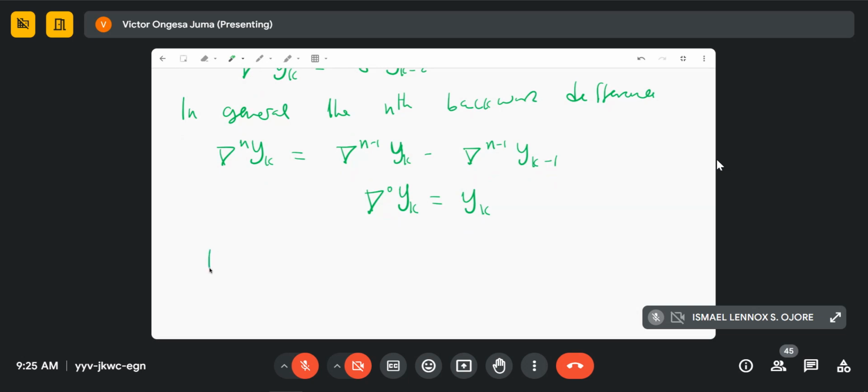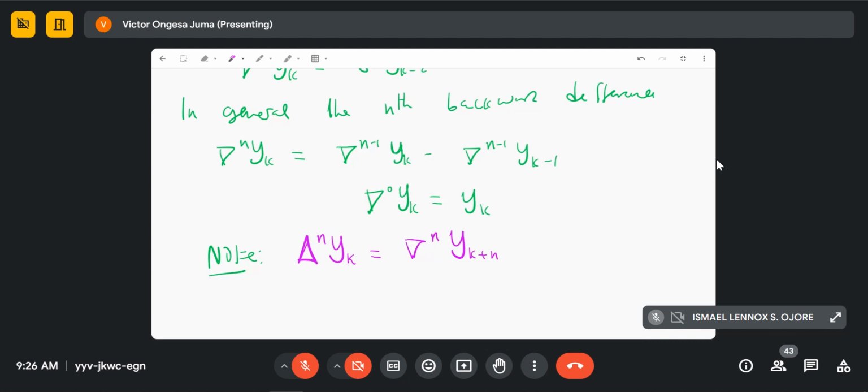Note the other thing I mentioned to you: the nth forward difference operator of yk is the same as the nth backward difference of yk plus n. Or you can write it the other way: the nth backward difference of yk is the same as the nth forward difference of yk minus n. They are the same.